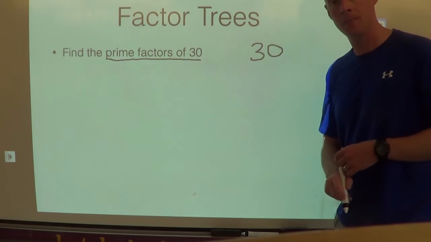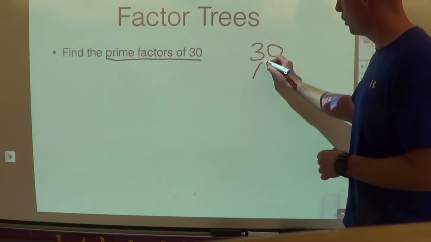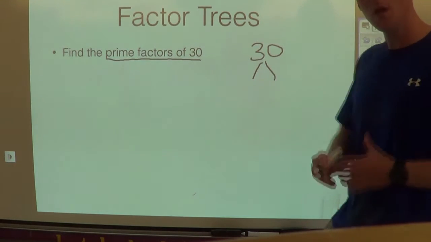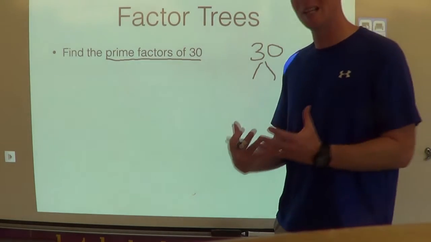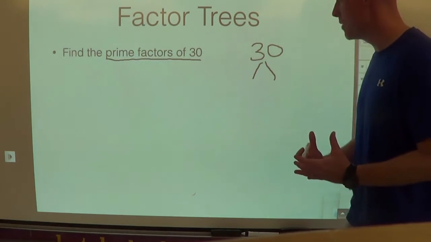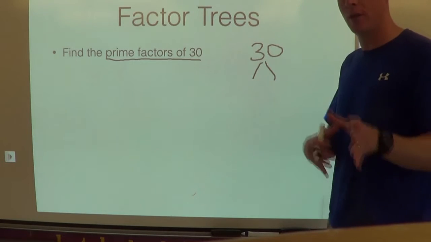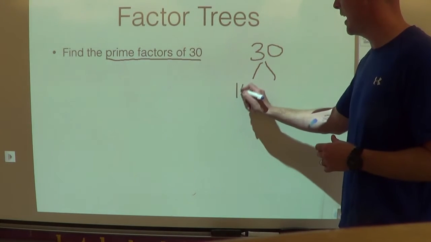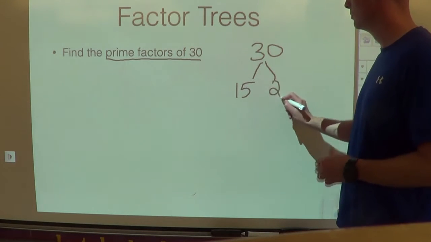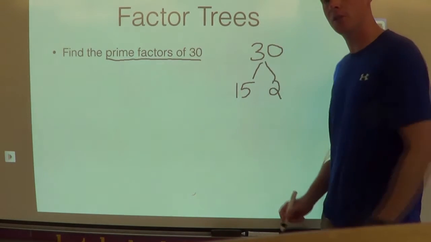Now what I do is I offshoot 2. And think to yourself, are there 2 numbers that you can multiply to get 30? Sure, there's a couple different answers, but the one that popped in my brain was 15 times 2. Right? 2 times 15 equals 30.